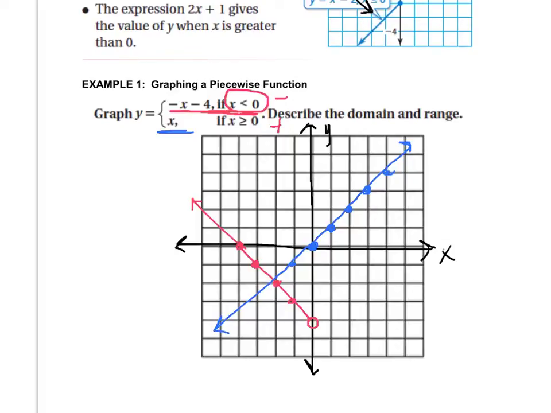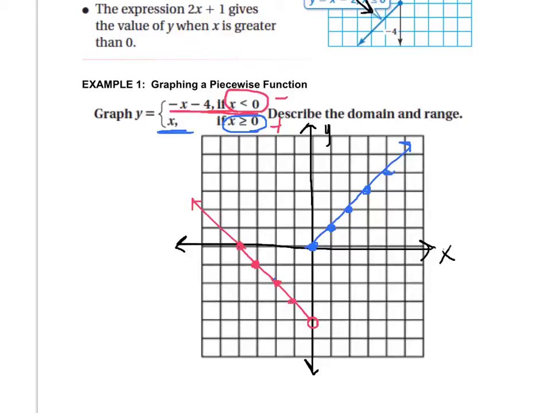But the directions are telling me that I only care about where the x value is greater than or equal to 0. So this whole section I don't care about, because I only care about the part where the x values are greater than or equal to 0. So I'm going to erase this whole section right here.